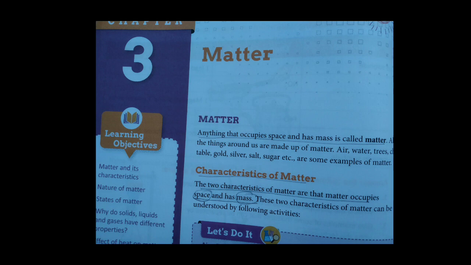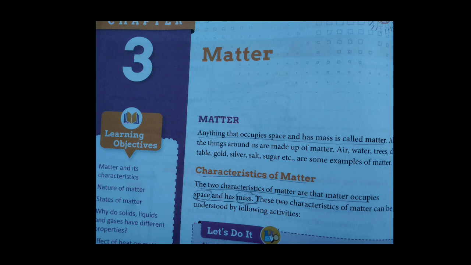Okay, students. So let's move to the next topic, that is characteristics of matter. So what is the characteristic of matter? What we have studied above. First, it has a mass. The second is it occupies space. So these are the two characteristics of matter.